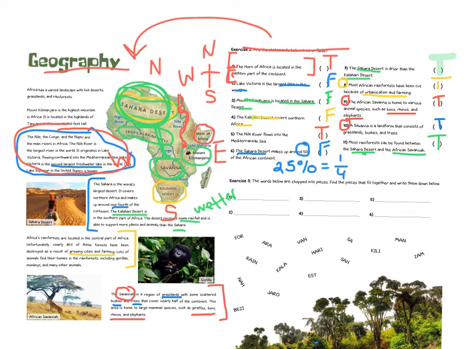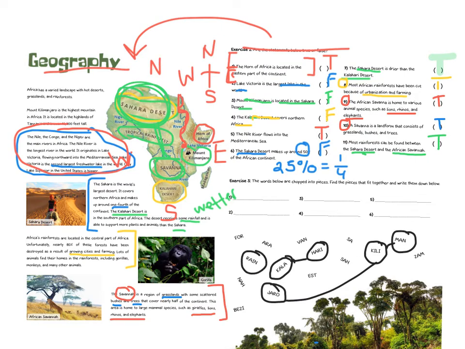I am curious what you guys got for exercise 3. I got rainforest. I also found Kalahari. That was one that I found. I wonder what else you found. I'll have to look at your work to see. Oh, one was the Mount Kilimanjaro. Kilimanjaro was one.